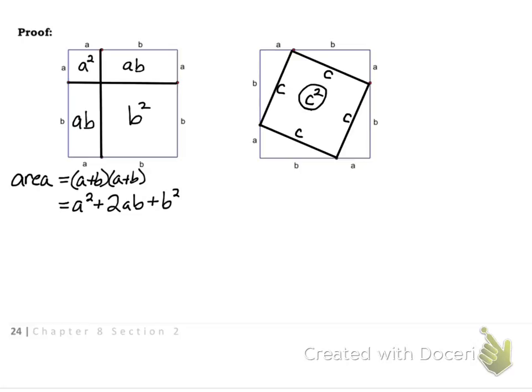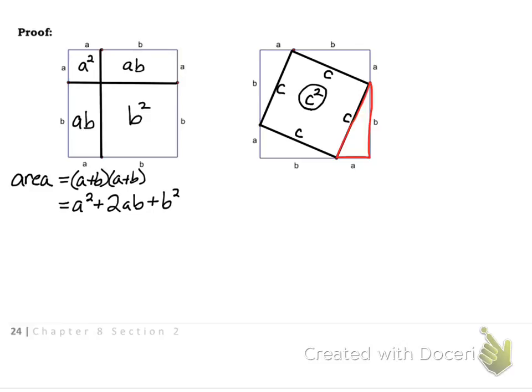All right, if we notice, we also created 4 triangles. I'm going to highlight one of them. So that's one of our triangles. I created 4 triangles, right? I got this guy, that guy, that guy, that guy, and they're all the exact same size triangle.